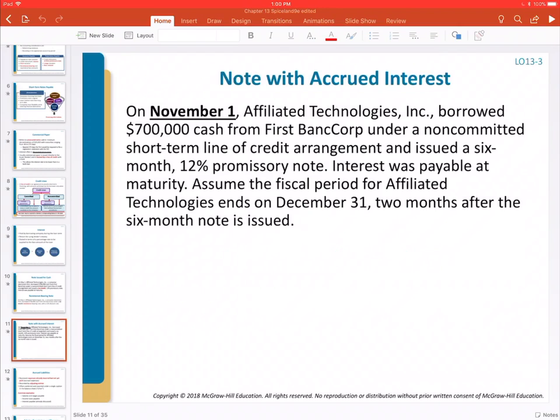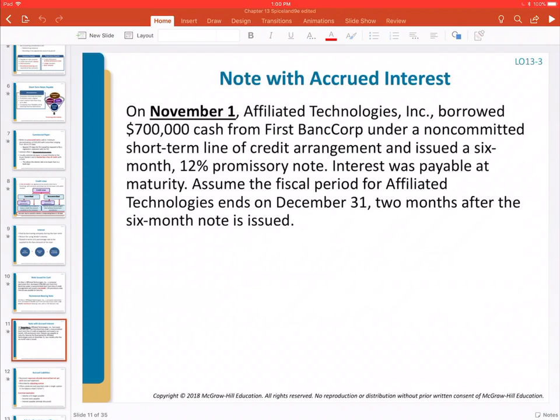The transaction that we're going to walk through is that on November 1st, our organization, Affiliated Technologies, takes out a short-term loan of $700,000. It is a 6-month short-term loan that comes with a 12% interest rate. What we have to account for is the fact that on November 1st, we took out this loan, so we're going to make a journal entry on November 1st.